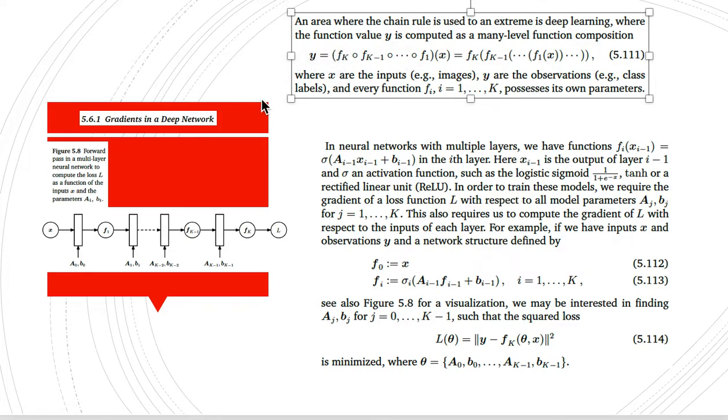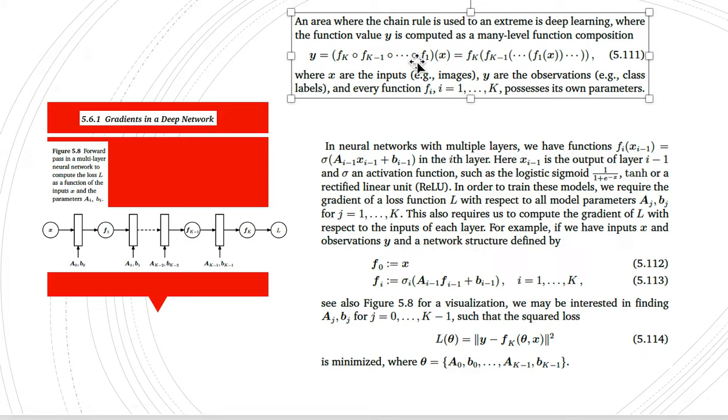Where x is the input, for example, the images, and y are the observations or the class label. And every function f_i, i equal to 1 until K, possesses its own parameters. Okay?